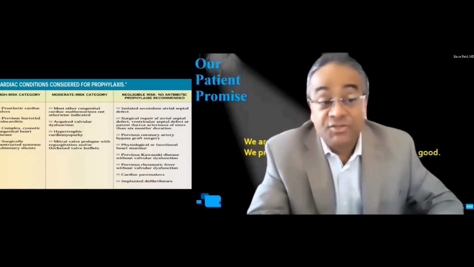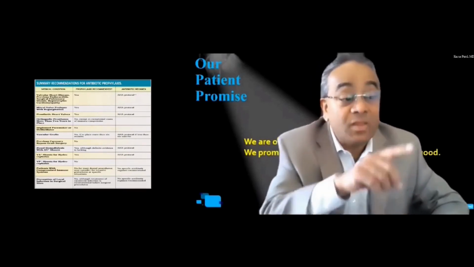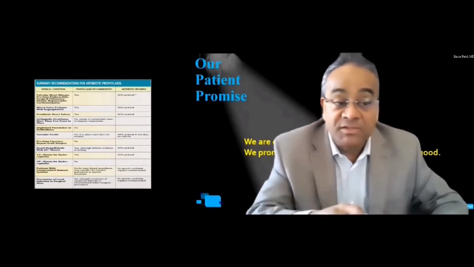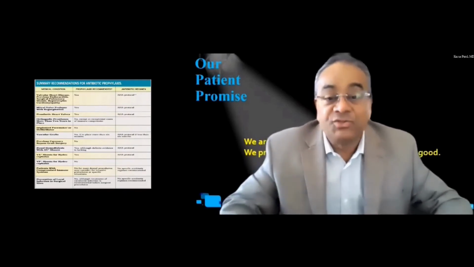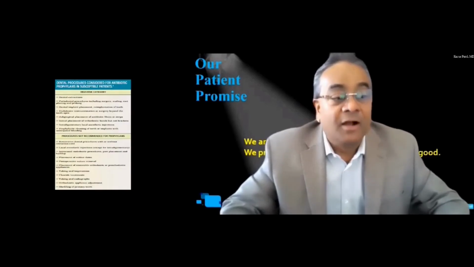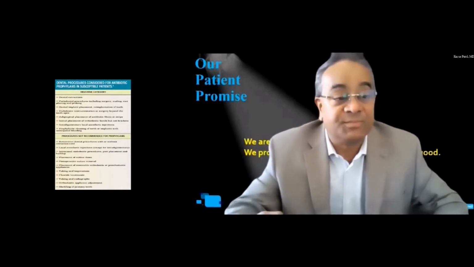There's a lot of it. So this one talks about what conditions we are looking at on the left-hand side. The middle says yes or no, and the right says who's validating that data. So there's good validity on the data. And then this particular one says which procedures are at high risk specifically.